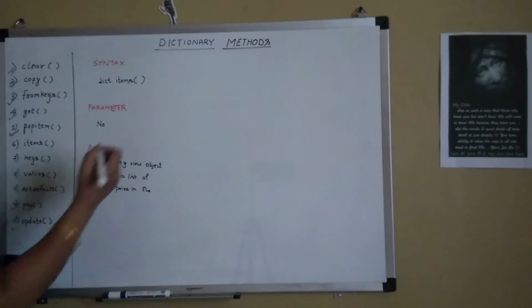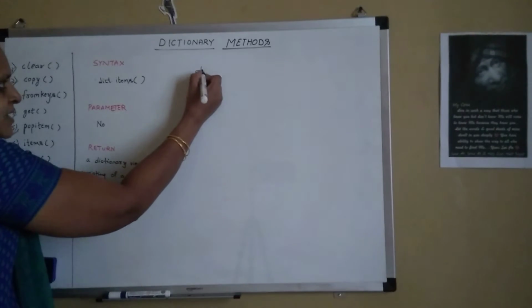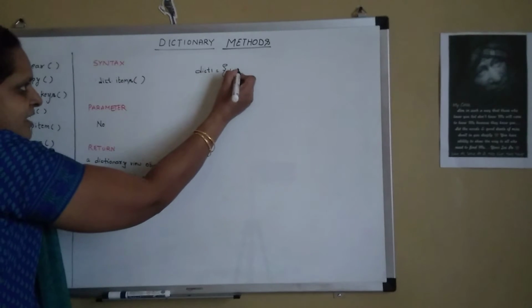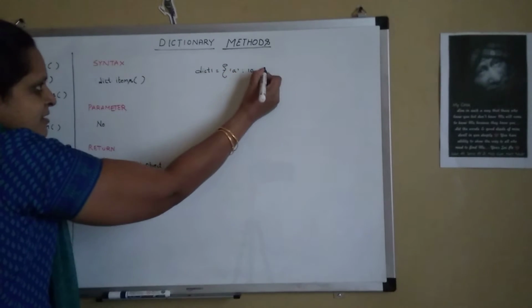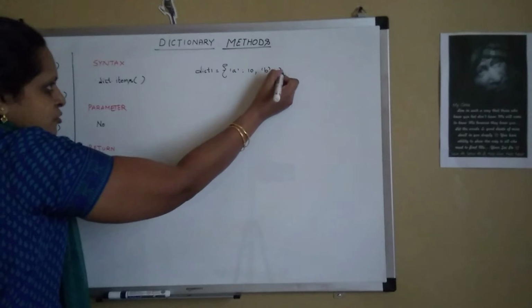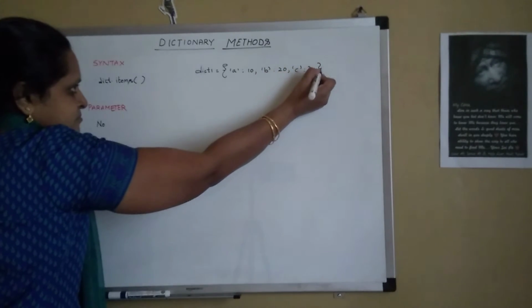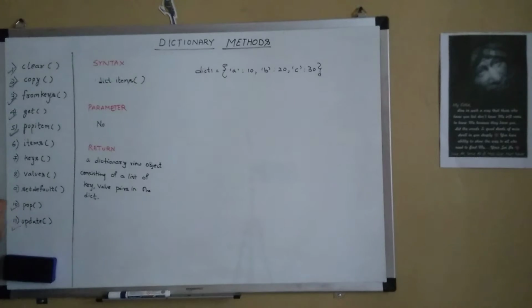So let's see it with an example. Suppose my dict1 has A 10, B 20, C 30. So this is my dictionary 1.